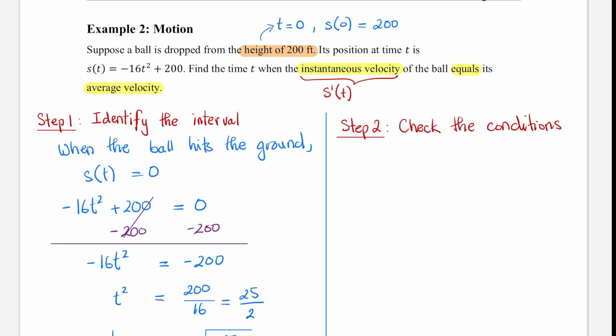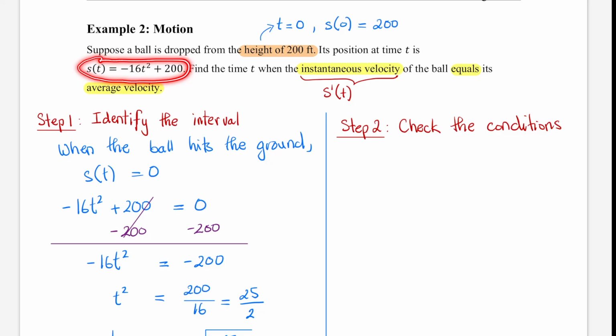Step 2. We need to check the conditions. We want to know if s of t is continuous on a closed interval from 0 to square root of 25 over 2, and we want to know if s of t is differentiable on an open interval from 0 to square root of 25 over 2.